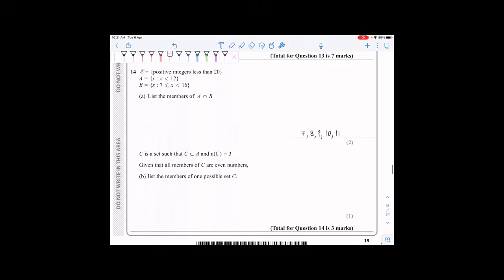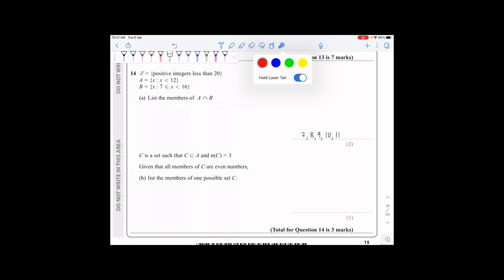Now, C is a set such that it's a subset of A and has 3 elements. Being a subset of A means we live entirely within A. So I could actually draw a circle here to represent A. A has all the positive integers up to and including 11. And we know that all members of C are even numbers, so it could be 2, 4, 6, 8, or 10.